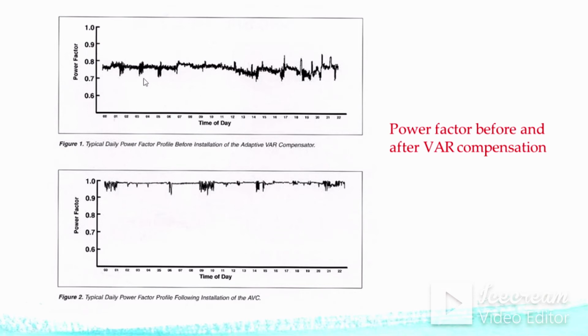This was the magnitude of the power factor for the entire time of the day. But after compensation, your power factor is almost unity, maintained throughout the time of the day. So this is the power of compensating the reactive power in a network.